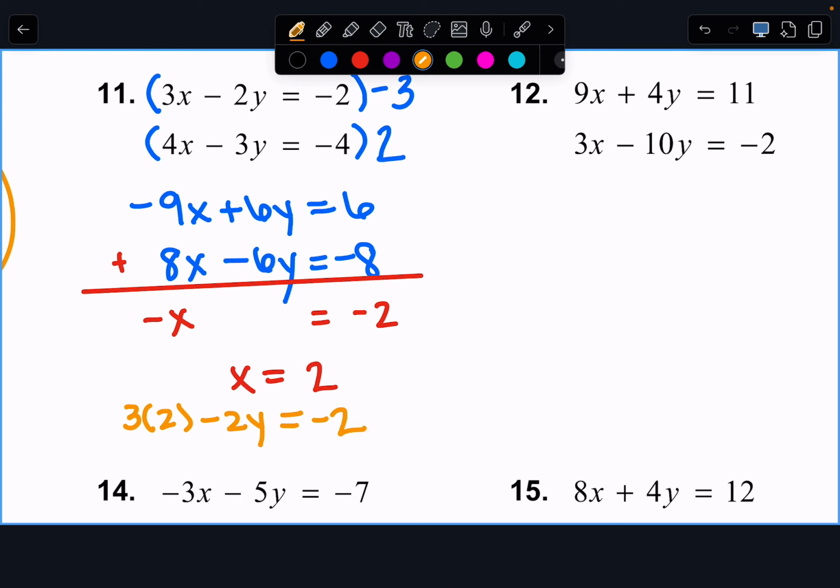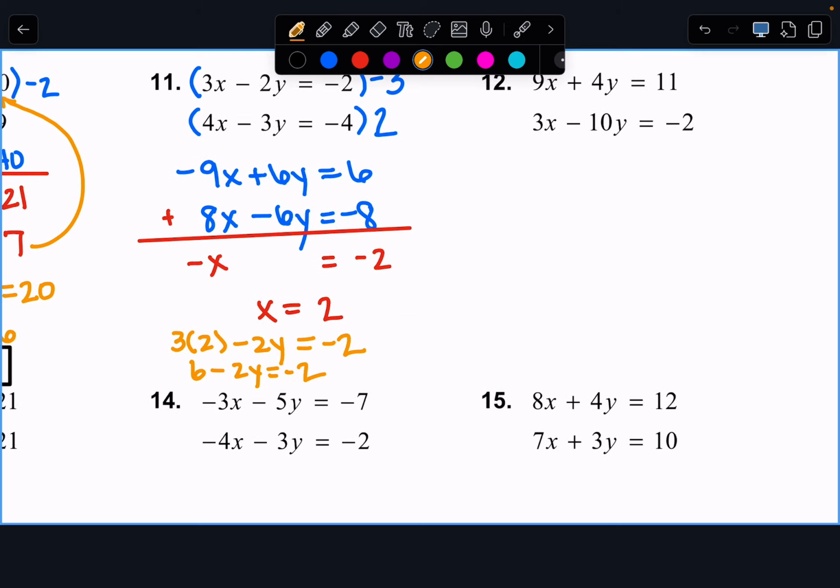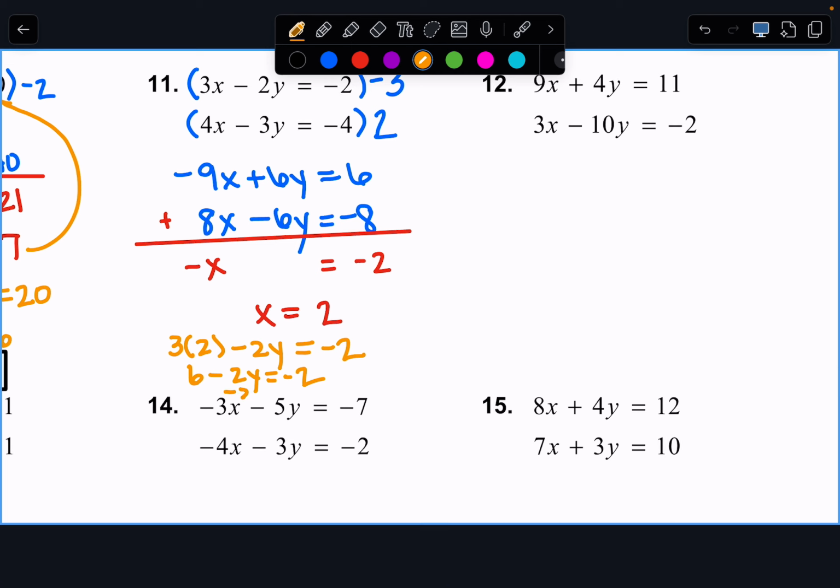Okay. So I have 6 minus 2y equals -2. Does that mean -2y equals -8? Yep. Okay. So our solution is 2, 4.